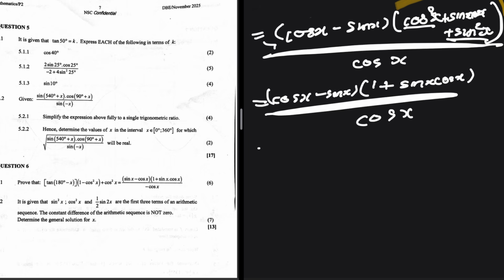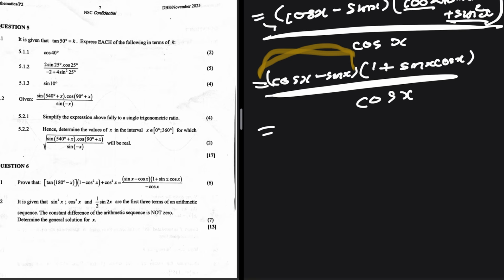But if we look at our first bracket, we can see that we have sine x, which is positive, and a negative cos x. That means we're going to remove a common factor of negative 1.